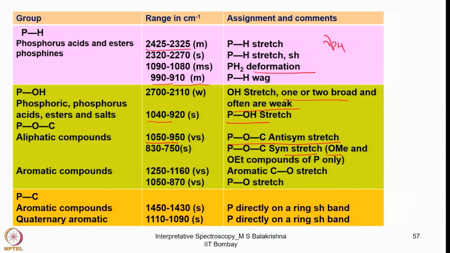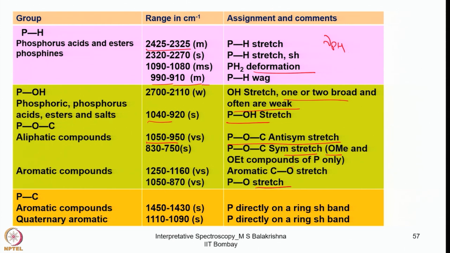Here, OMe and OEt compounds of P only. So trimethyl phosphate or triethyl phosphate do show this kind of range for POC symmetric stretch. And then aromatic compounds, if we have PPh3 or something like that, or PO(OPh)3, triphenyl phosphate, we come across 1250 to 1160, very strong, aromatic C=C stretch, and then 1050 to 870 we have PO stretch.